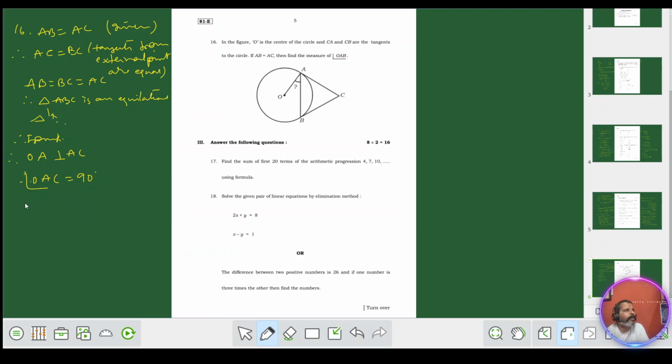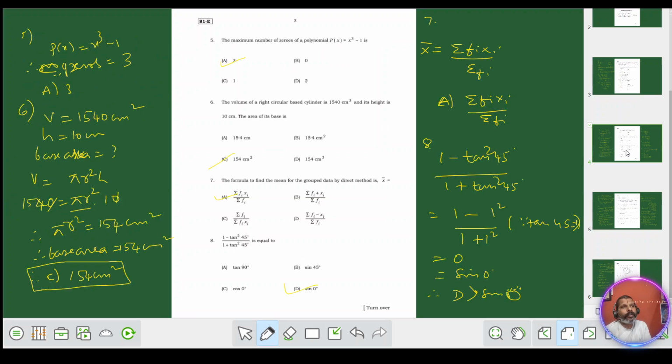But OAC is nothing but your OAB plus BAC, right? OAB is what we want. OAB plus BAC is how much? 60 degrees, because we said equilateral triangle. We call it 1: OAB plus 60 equal to 90. From 1 you write. Therefore, what is asked is OAB, that is 90 minus 60, 30 degrees. Okay.